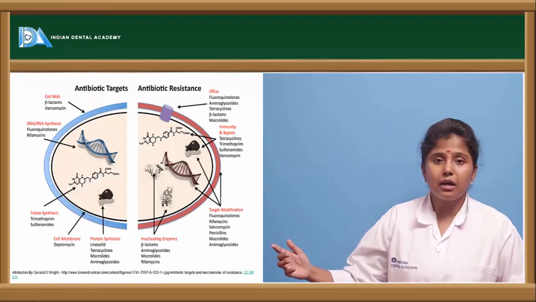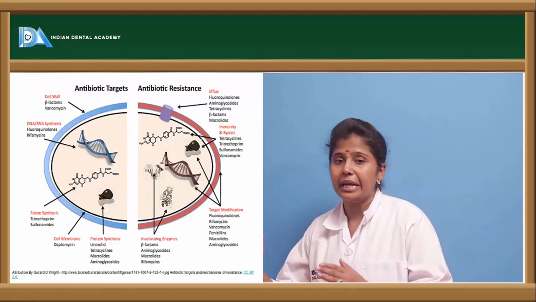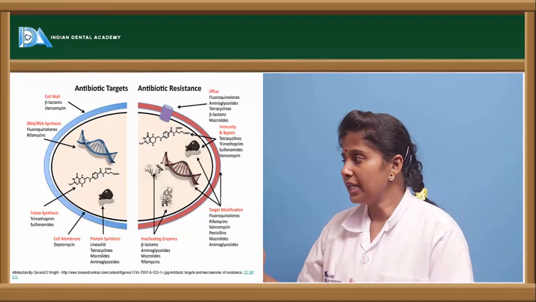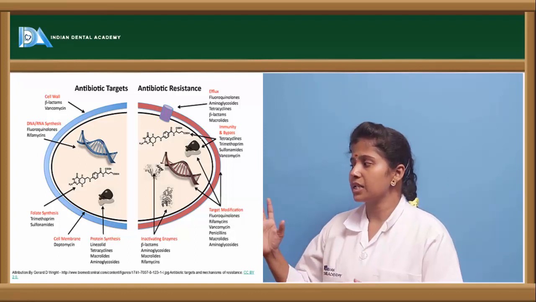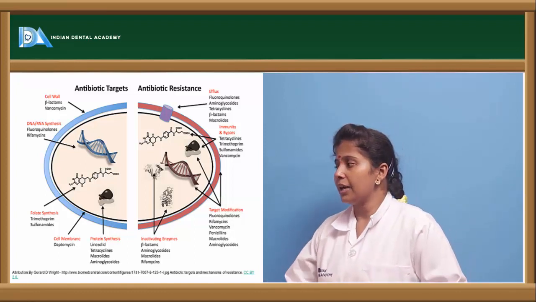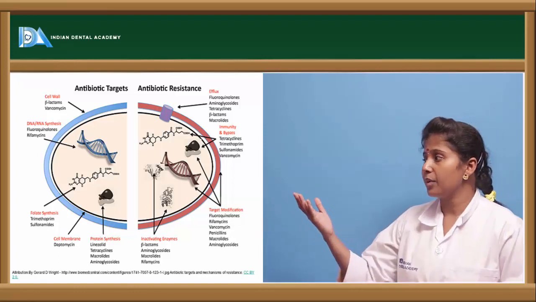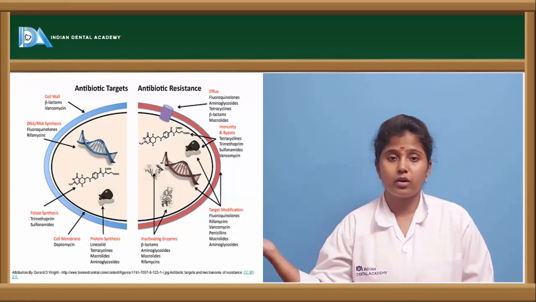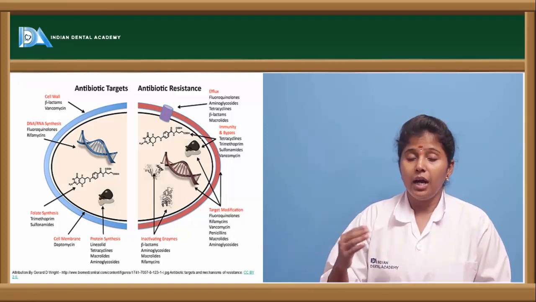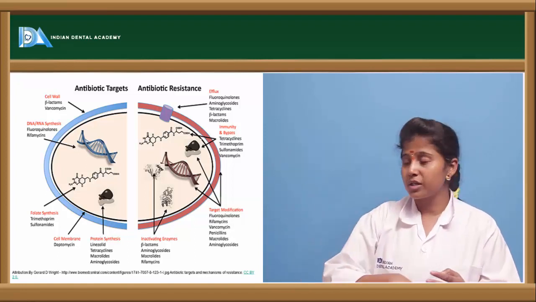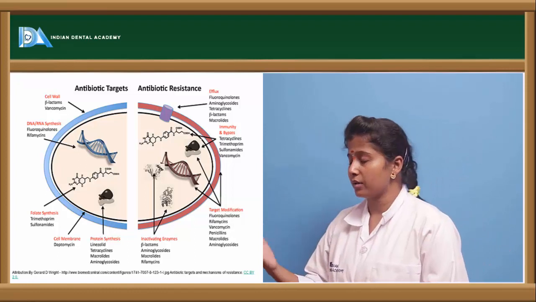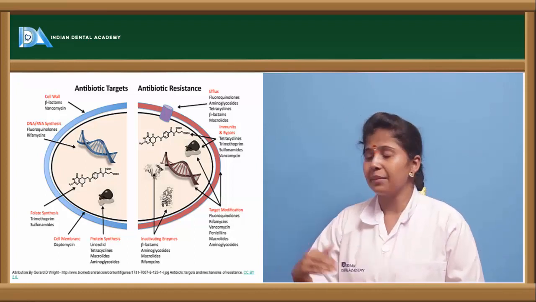If we see here, the antibiotic targets are mainly cell wall, DNA synthesis, folate synthesis, cell membrane synthesis, and protein synthesis. And these antibiotics face resistance because they cause efflux of these drugs out of the cell, and immunity and bypass.